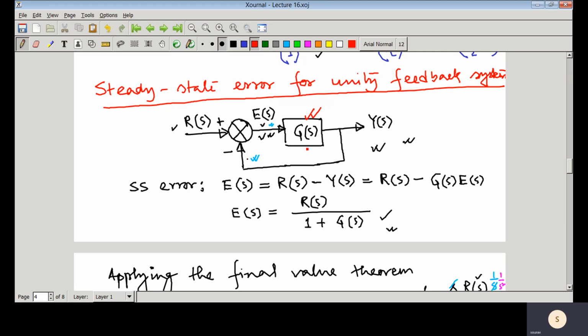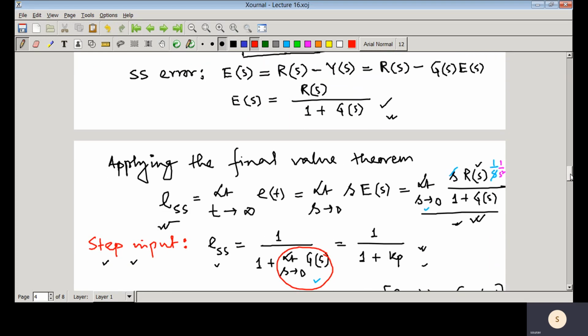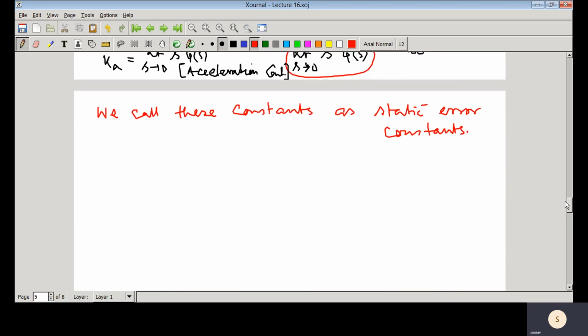Suppose you have a transfer function G(s) equal to 1 by s into (s plus 1). In this case, you can see that at the origin there is one pole, so this particular transfer function is called a type 1 system.